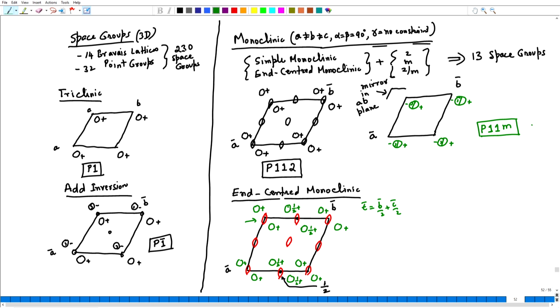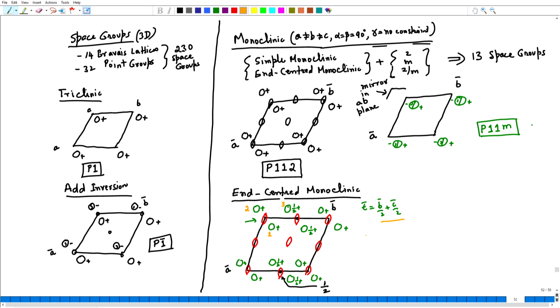Let us try to analyze this pattern and see whether there is some other symmetry also present. Let me say that this is motif number 1. It rotates by 180 degrees, comes to motif number 2, and then the centering translation of B by 2 plus C by 2 takes it to motif number 3.